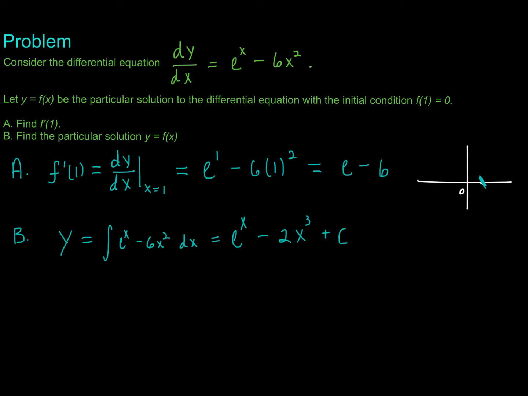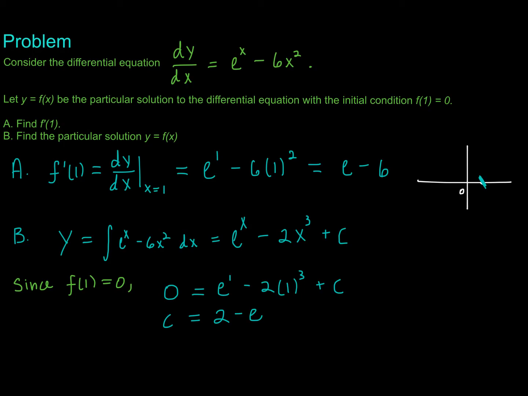So I'm going to use my initial condition here. And doing so, of course, allows me to rewrite my equation with x being equal to 1 and y being equal to 0 to give me 0 equals e to the 1 minus 2 times 1 cubed plus c. And doing so, I can now solve for c, which gives me c is equal to 2 minus e.